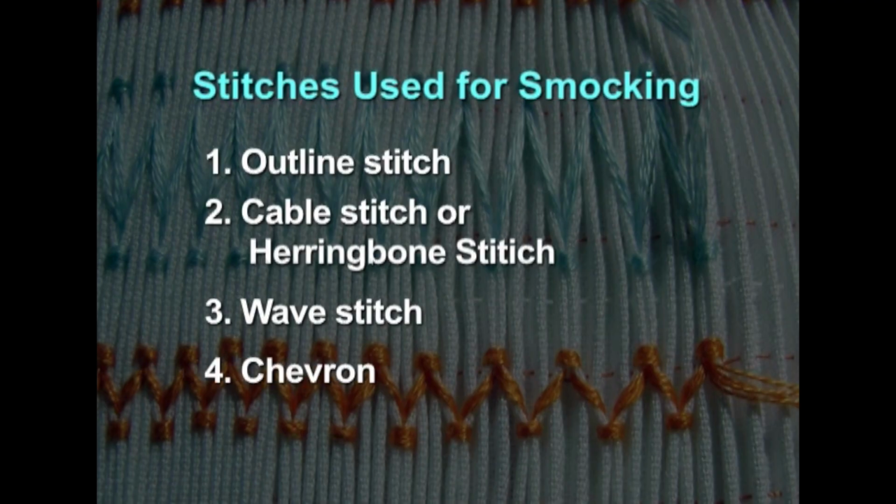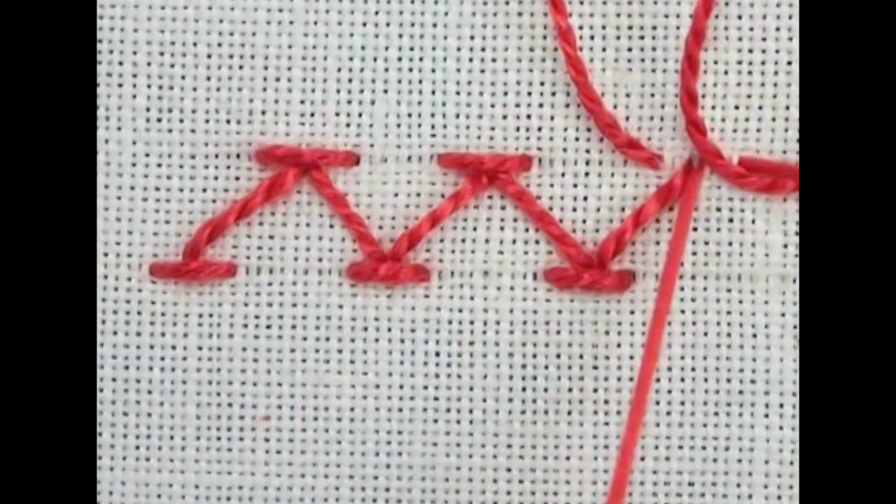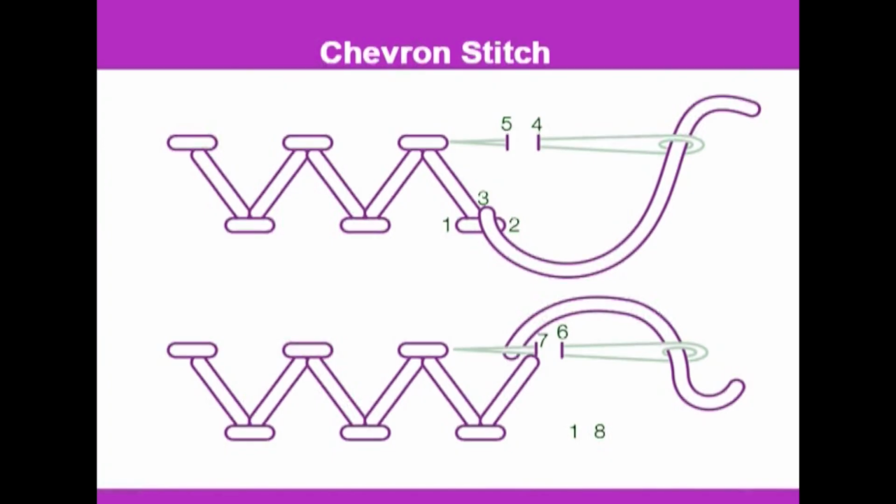And then we have another stitch called chevron, and this type of stitch is a zigzag stitch, and it is done over the folds of the fabric. Take a stitch on the first pleat at the left of a row of gathering stitches, pass the needle down to the next row of gatherings and take another stitch in the same first fold.